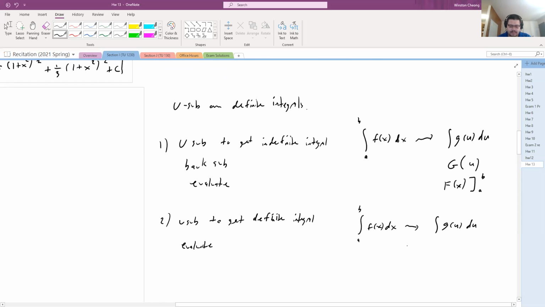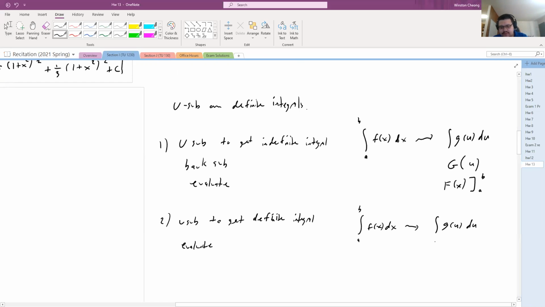The way that people talk about this is like this is over in the x world, and this is over in the u world, and they're two different worlds. The mapping from one to the other doesn't need to preserve the points.